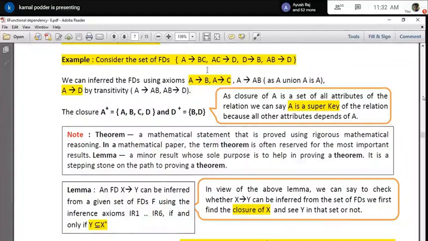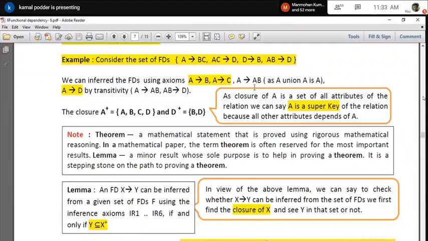If I union A on both sides, I get AB, but in a union the same set is just the same, so I can say A to this. After applying the union with A in this particular FD, I get this one. So naturally I have these 3 FDs.